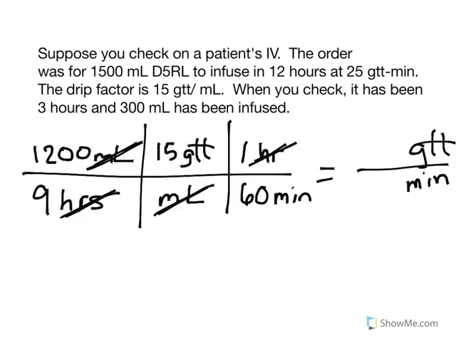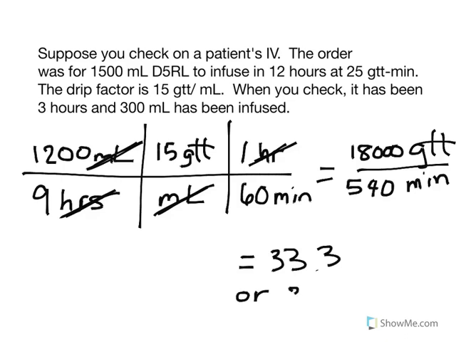So I multiply across the top, 18,000 drops. I multiply across the bottom, 540 minutes. When I divide the top by the bottom, I get my new setting of 33.3, or 33 drops per minute.